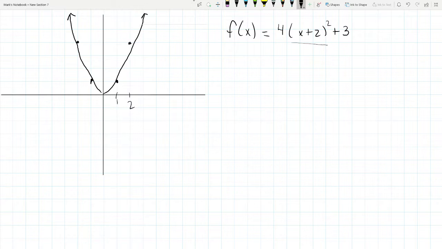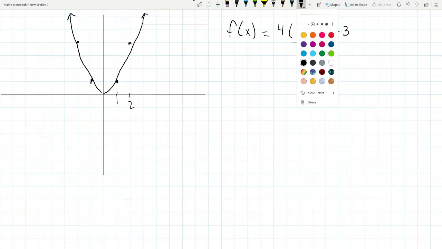So the first thing that we're going to have to deal with is inside the parentheses, the x plus 2. And if you recall, anything inside the parentheses is going to cause a left or right shift. So in this case, since we have a positive 2, that's going to cause a left shift of 2.